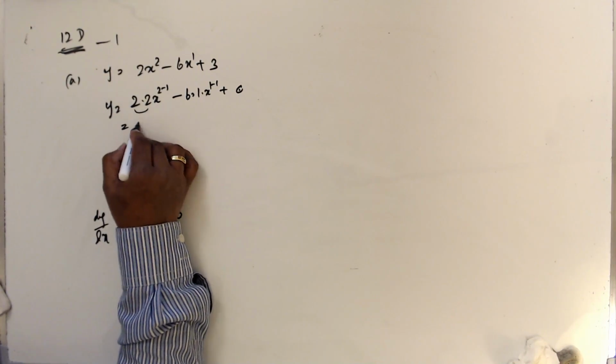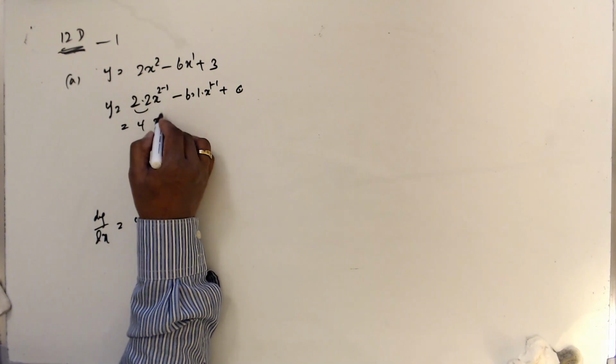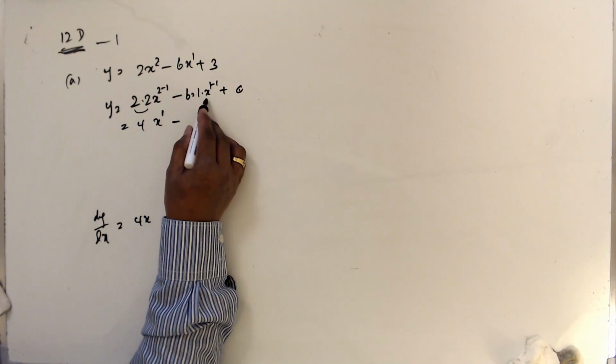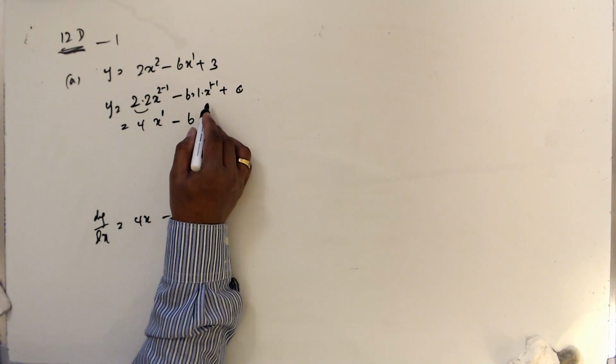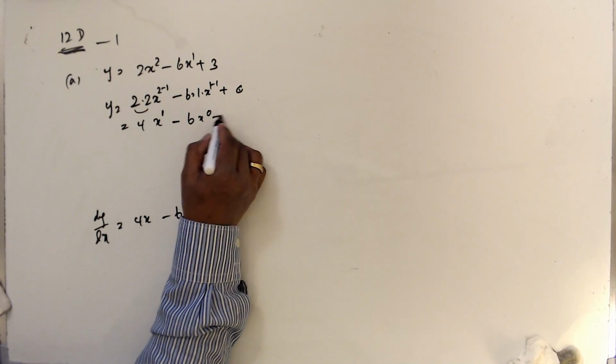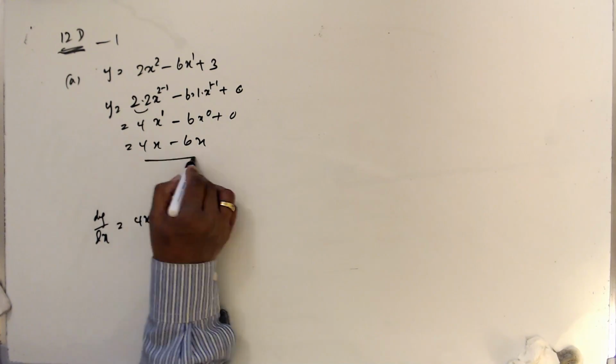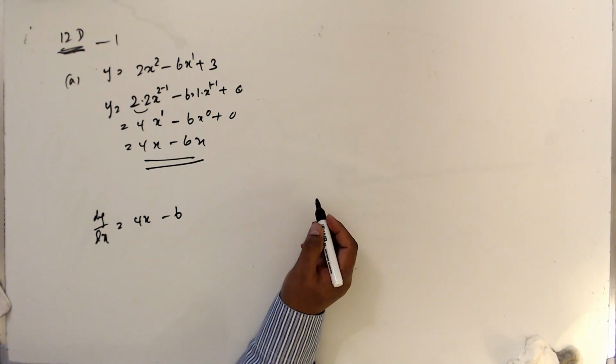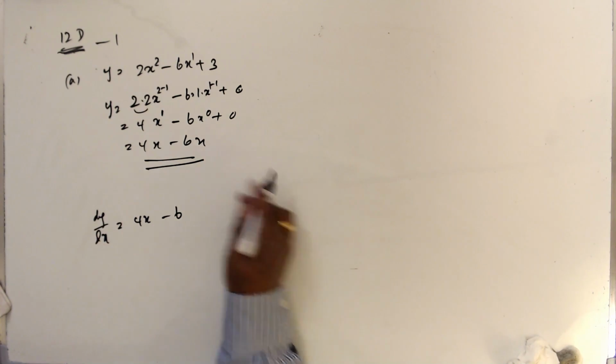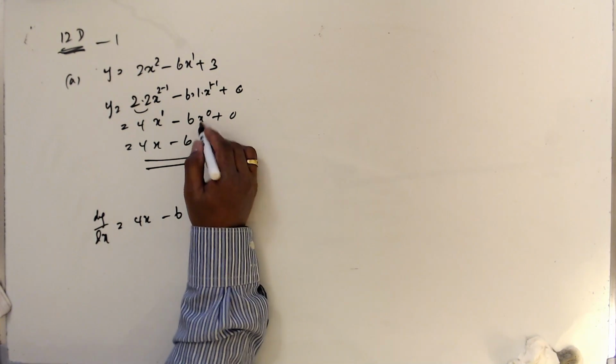So this becomes 4 times x to the 1 minus 6 times x to the 0 plus 0. So 4x minus 6, since x to the 0 is 1.